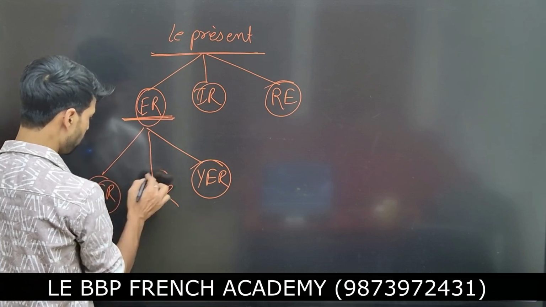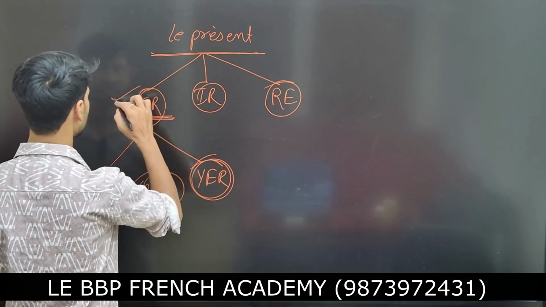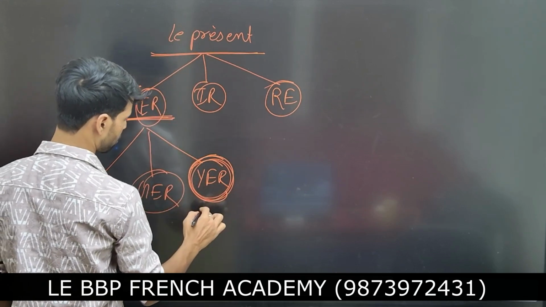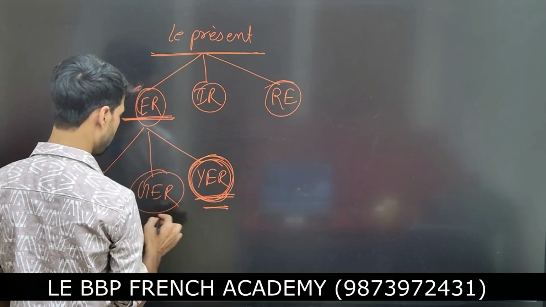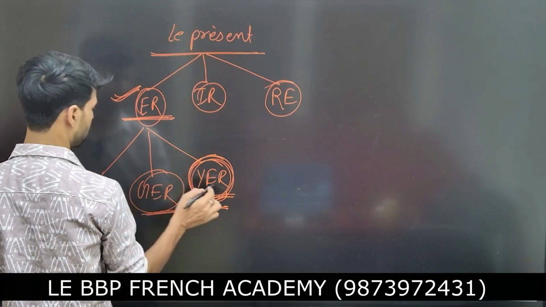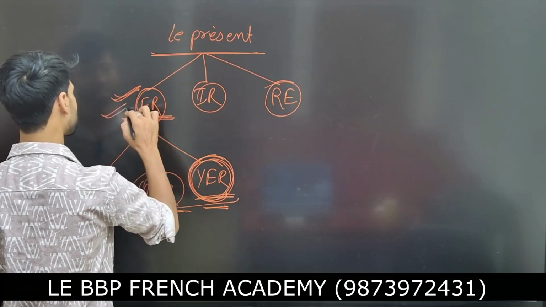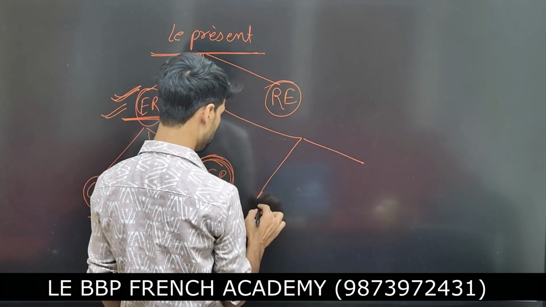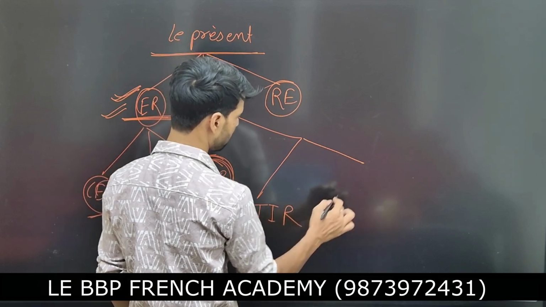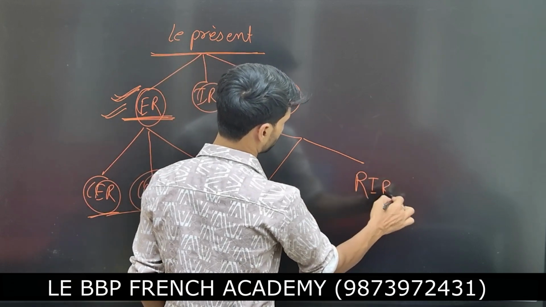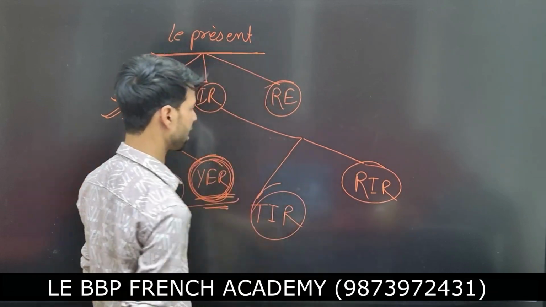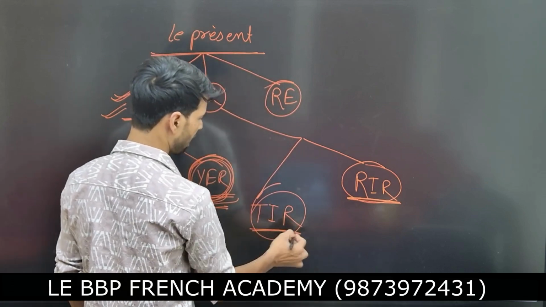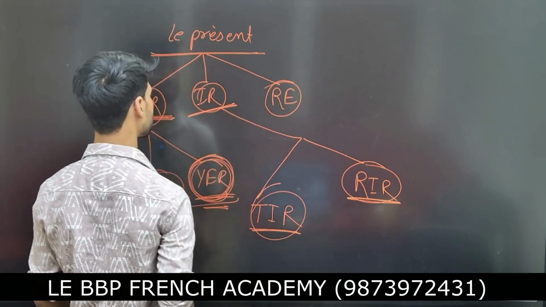If you have no such ending, then it's a plain er ending. Similarly for ir: suppose you have an ir ending verb, search for rir or tir. If no, then definitely it's ir.